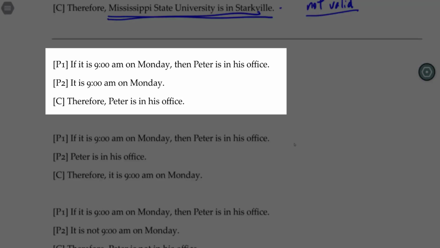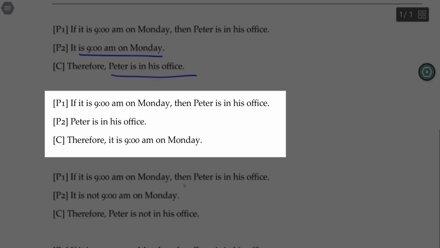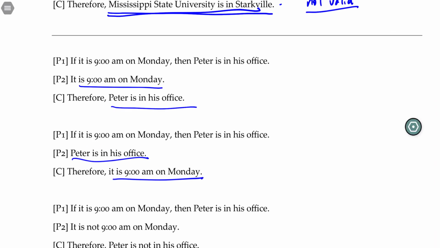First, in the first argument, the second premise is the antecedent of the conditional, and the conclusion is the consequent. And then in the second one, the second premise is the consequent, and the conclusion is the antecedent.